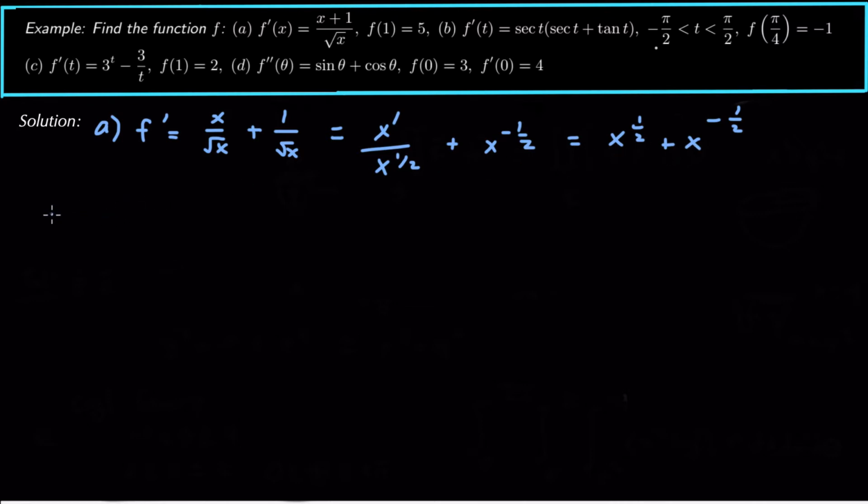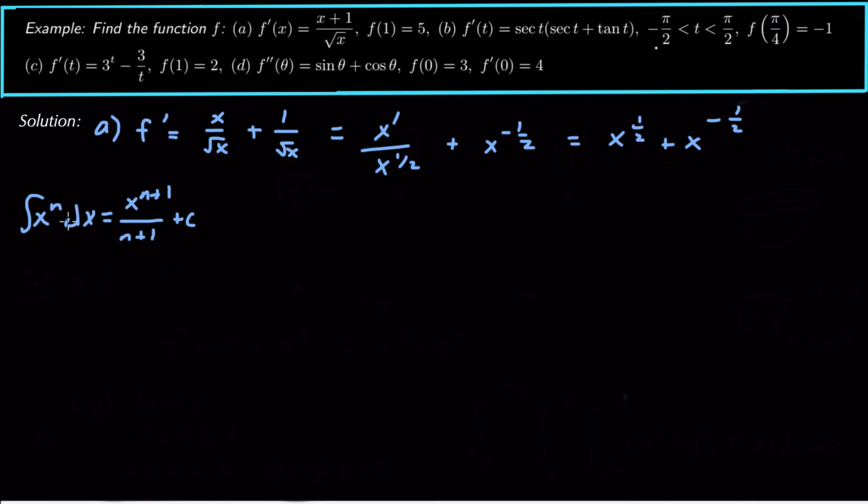So now I antidifferentiate each piece using the power law. What's the power law? It says the antiderivative of x to the n dx is equal to x to the n plus 1 over n plus 1 plus c.